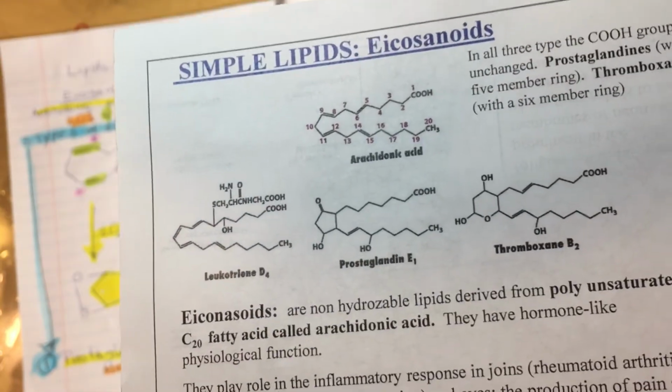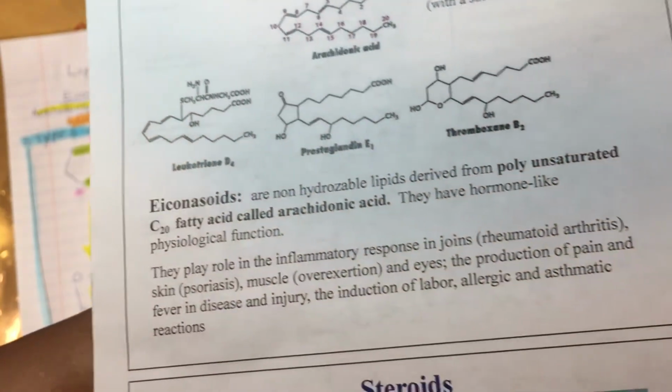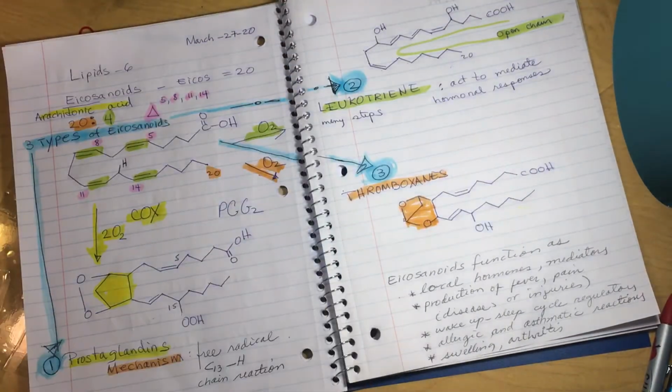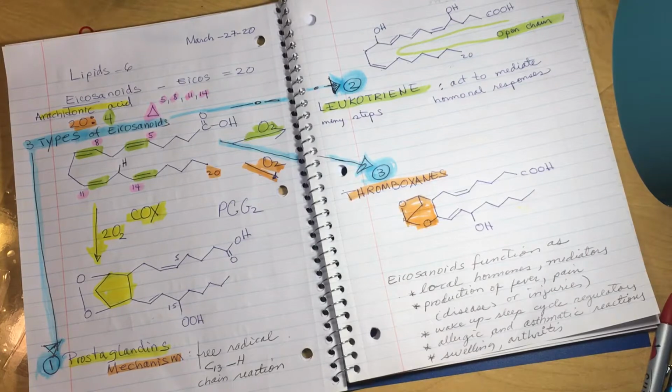You guys have access to this in the PowerPoints, but it's important to understand that these are important lipids because they are derived from the arachidonic acid and they have a wide variety of effects in our body. Among other things that they can do, they lower or raise blood pressure, and they can cause inflammation and blood clotting and induce labor. They are behaving as if they are hormones.